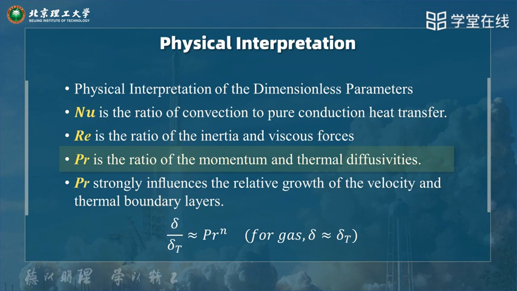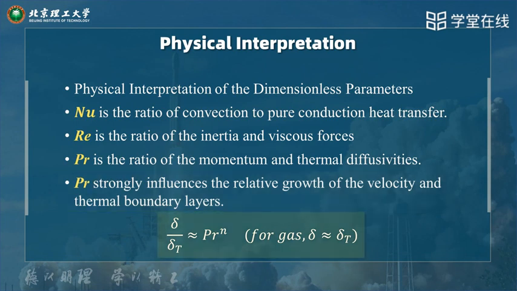The Prandtl number is the ratio of momentum and thermal diffusivities. Here we should give a notice: the Prandtl number strongly influences the relative growth of the velocity and thermal boundary layers.